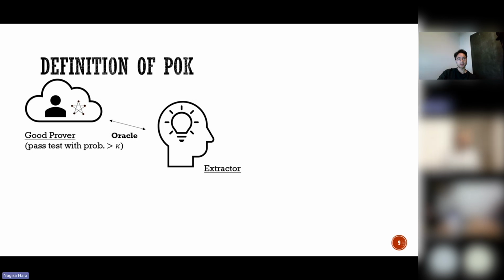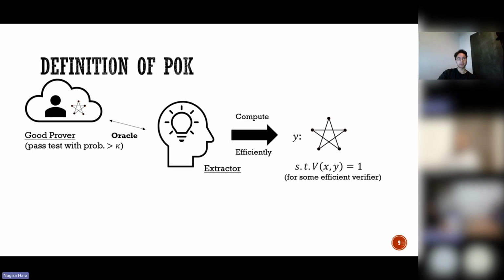This extractor can interact with the prover in a black-box way. And at the end of the day, the extractor must compute efficiently some valid witness for a given instance. So this is how we show the proof of knowledge for a certain proof system.